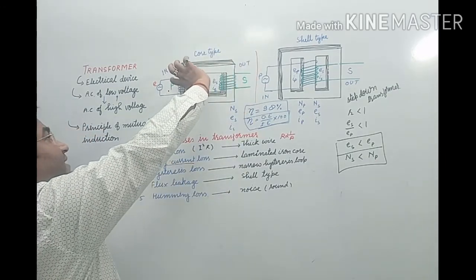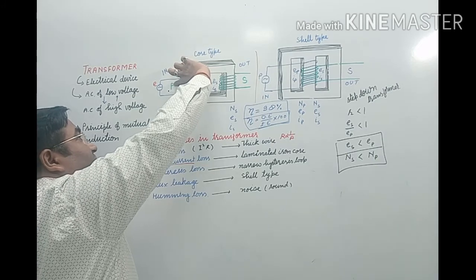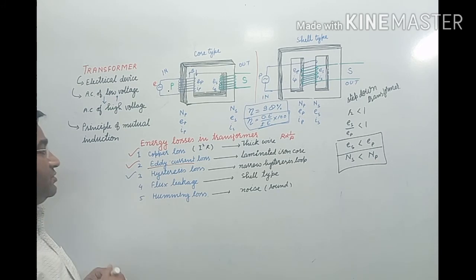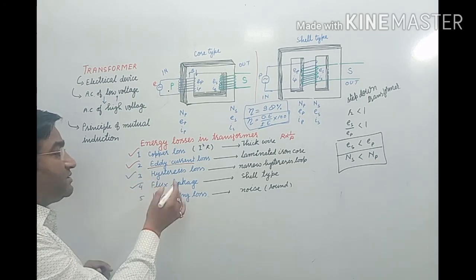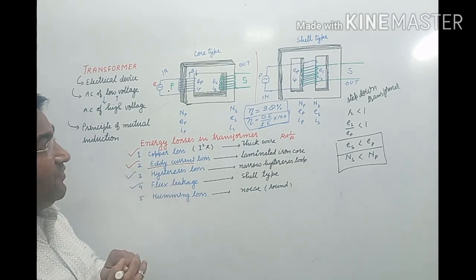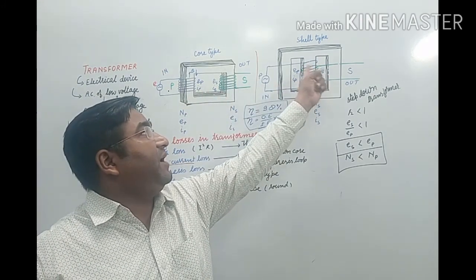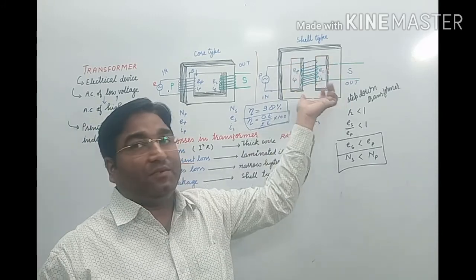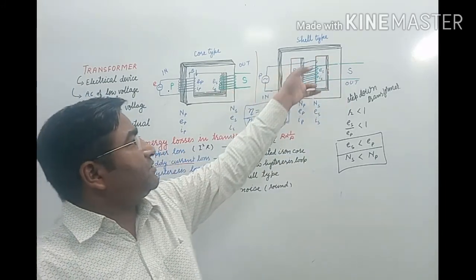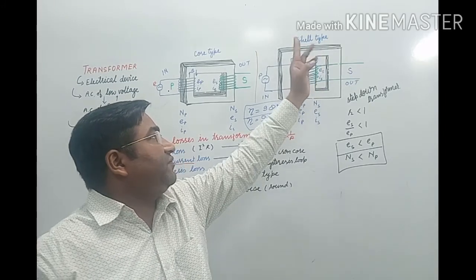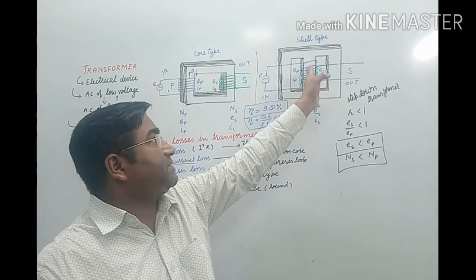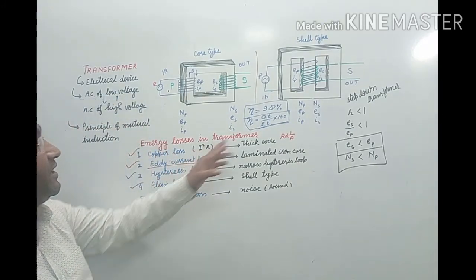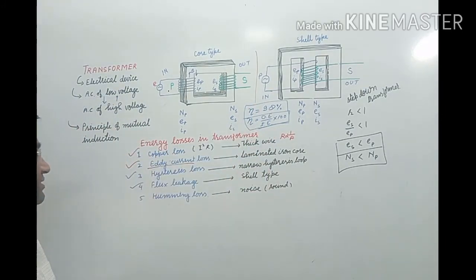Therefore, due to leakage of the flux, some energy is lost. We can prevent this by winding the primary and secondary coils in the same place, so that the flux passing through the primary coil will also pass through the secondary coil. In this way, we can minimize the flux leakage.